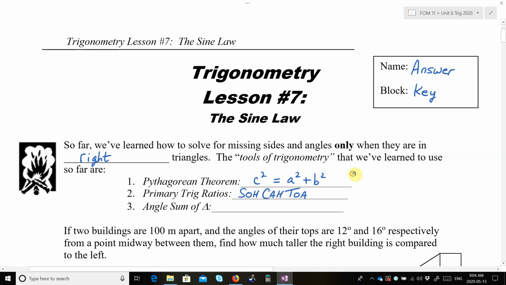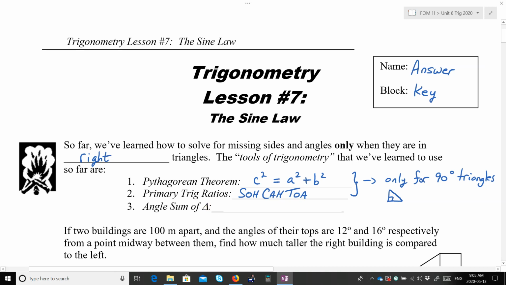These first two tools of trigonometry are only for 90-degree triangles. So it has to be a triangle that shows that little box like this.